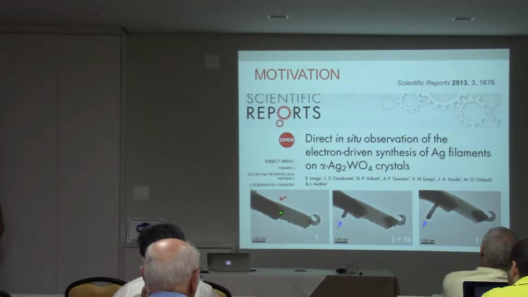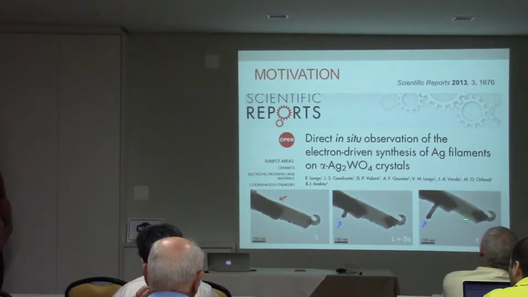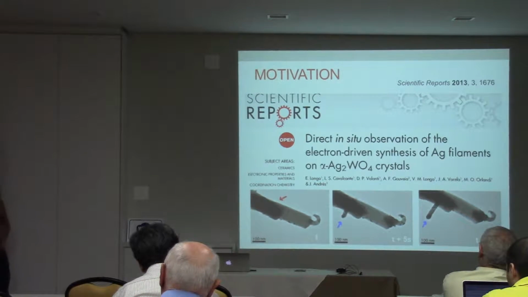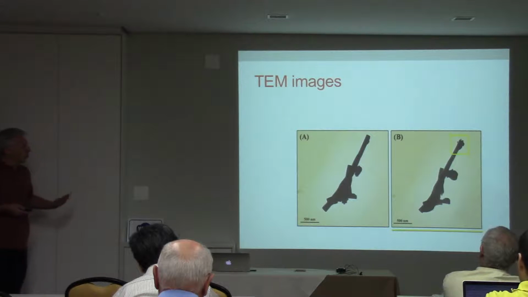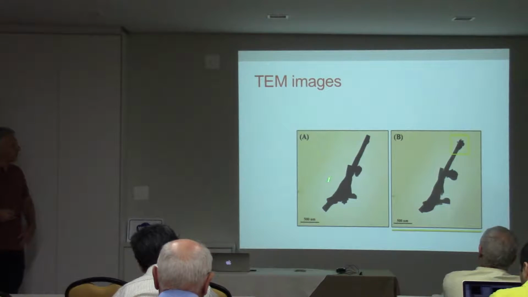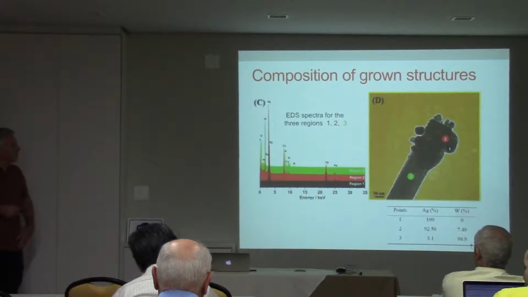So it would be initially the silver tungstate, and after time, some nanorods, nanoparticles, nanostructures are formed. What is the origin of this structure? This is again another silver tungstate, and after a time, we see this bit.